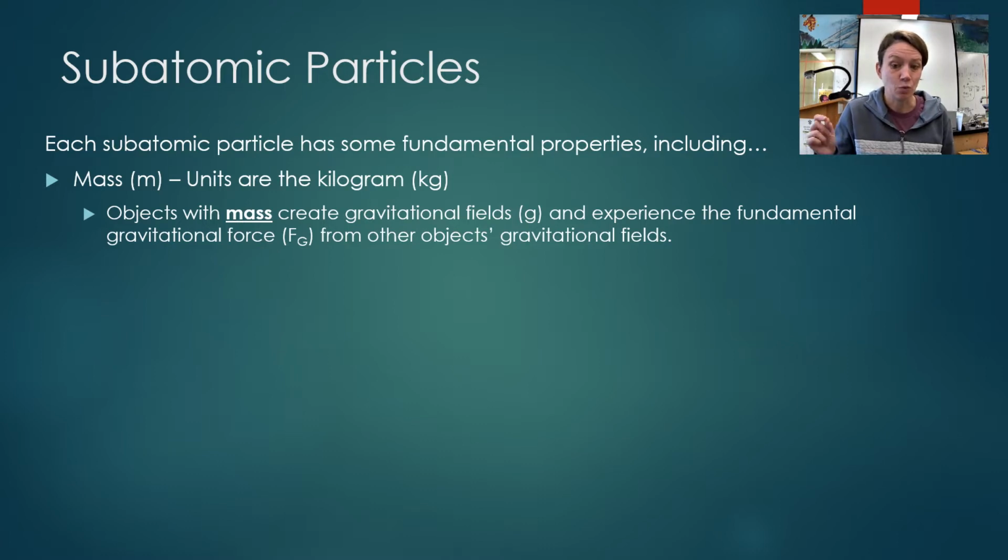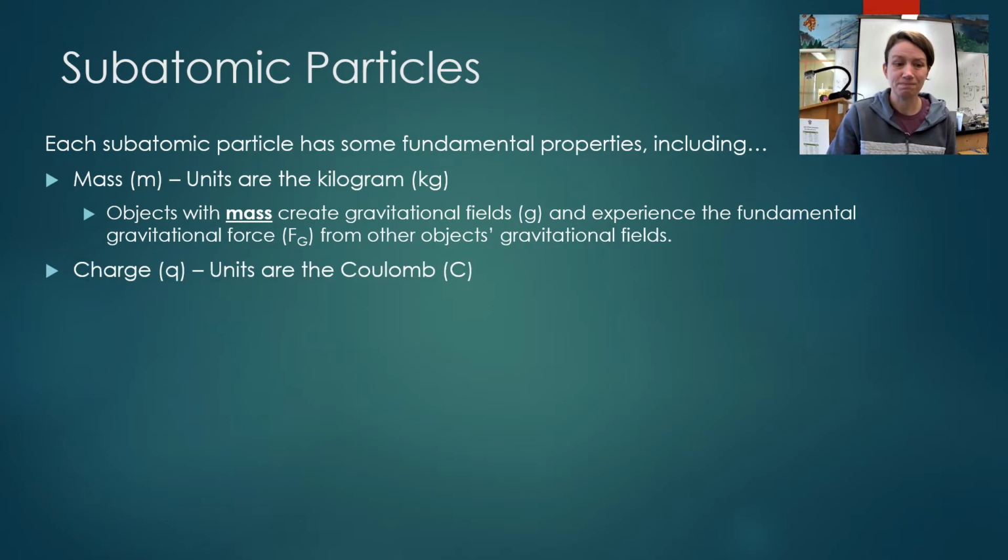Any object that has mass will have its own gravitational field, and consequently, any object with mass will also be experiencing a gravitational force from any other nearby object that has a gravitational field. So it's really the interaction between these two little g's that causes the gravitational force that we experience all the time in our everyday life.